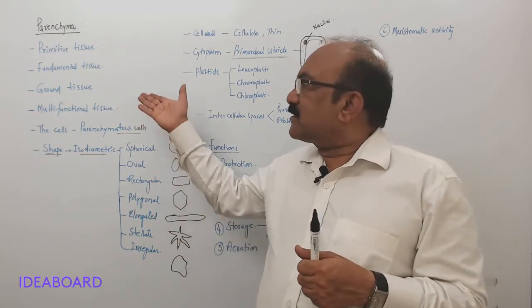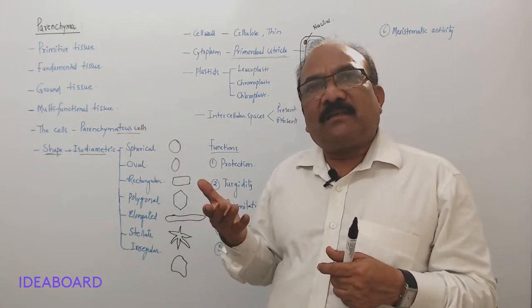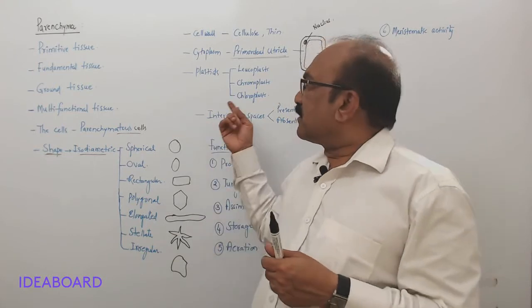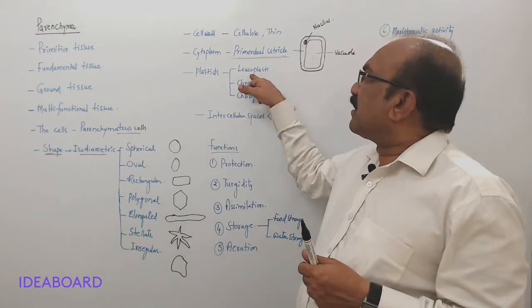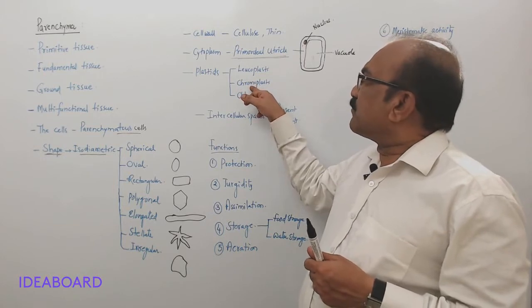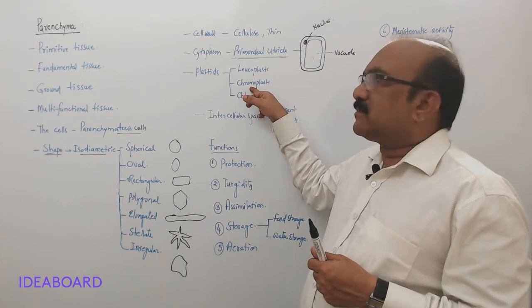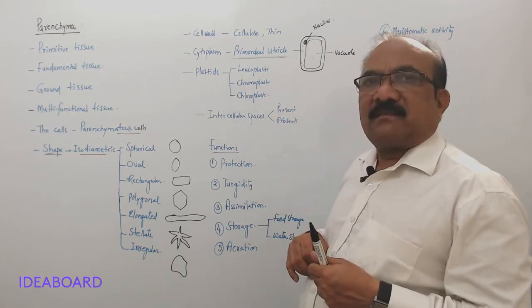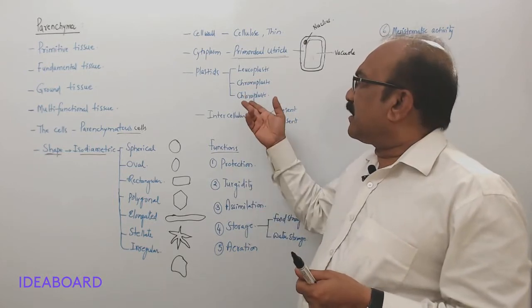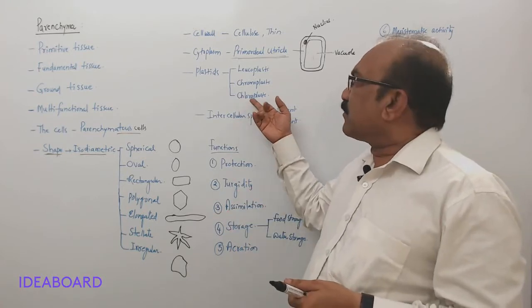Because it is a ground tissue present in the root, stem and leaves. In the roots, generally the parenchyma will have leucoplasts. The parenchyma in the pericarp of fruits and the petals of flowers will have chromoplasts. And the leaves are green, and the leaf is mainly composed of parenchyma only, so they have chloroplasts.